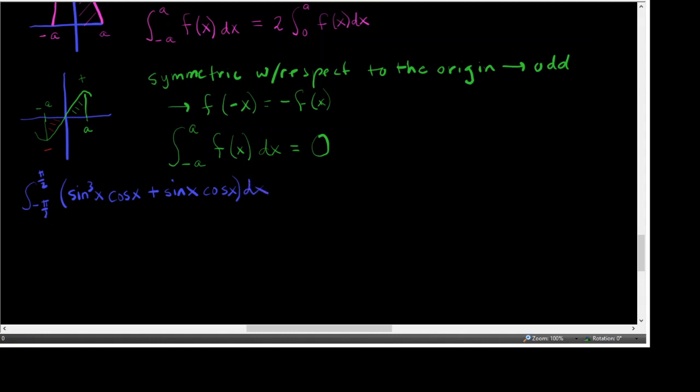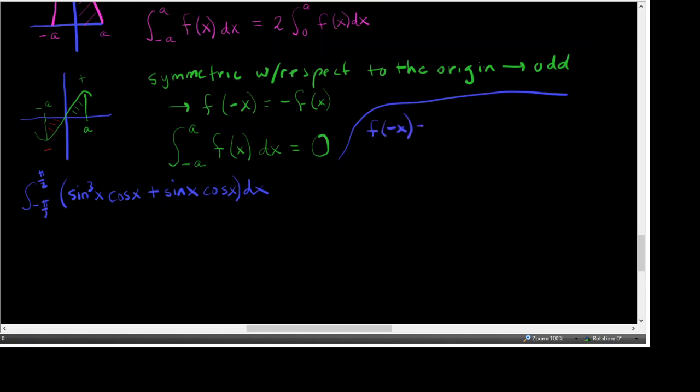The thing that's of interest to me on this problem is I'm going from negative pi over 2 to pi over 2. Those are opposite numbers. So I'm going to borrow some space up here because I'm running out of room. And I want to see, is that function even or odd?